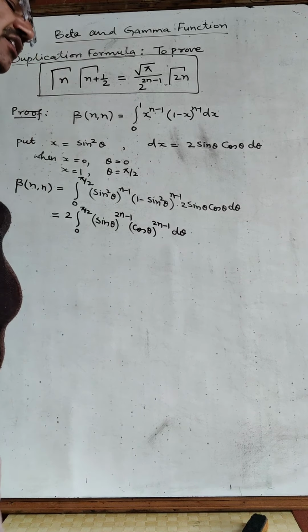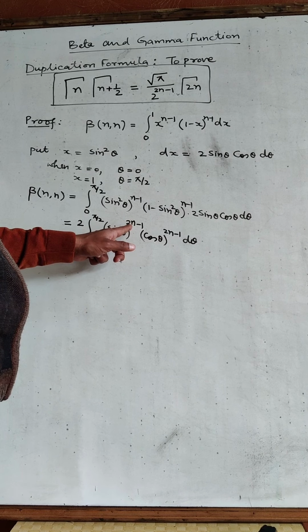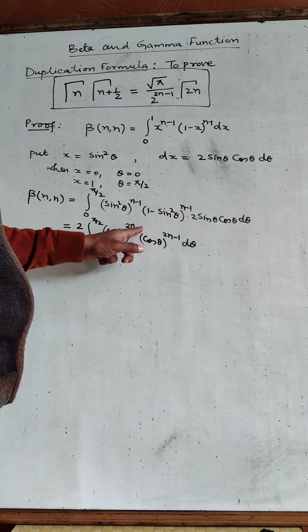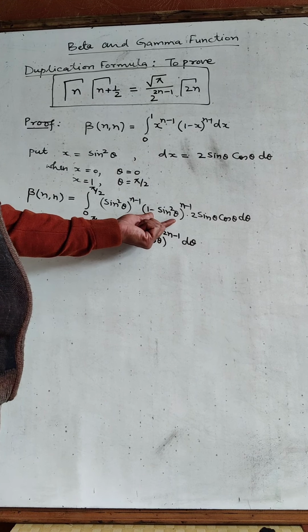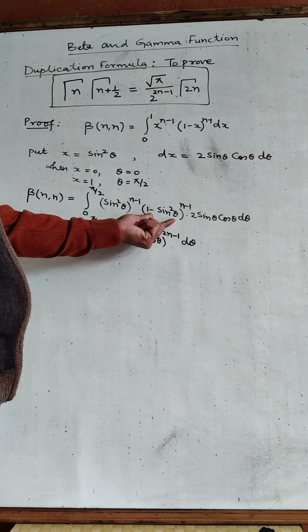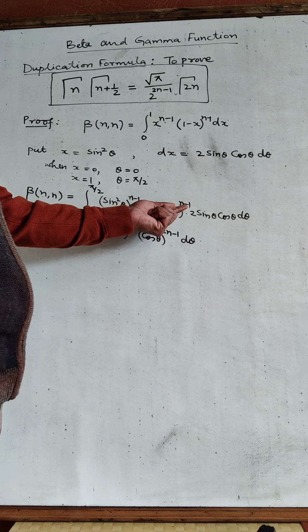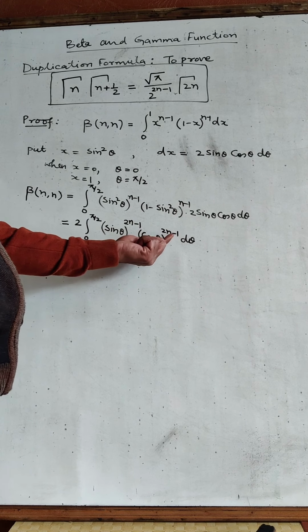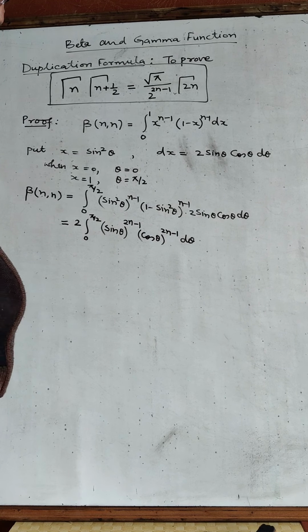Again look here about the powers. The power of sine theta would be 2n minus 2 plus 1, so the overall power will be equal to 2n minus 1. Again 1 minus sine square theta is cos square theta, so the power of cos theta would be 2n minus 2 plus 1, so the whole power will be 2n minus 1.